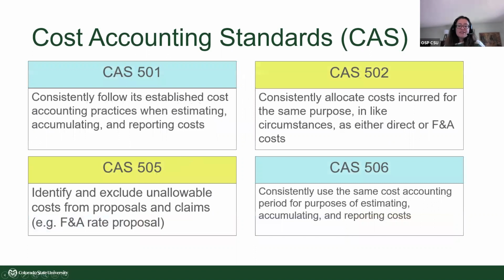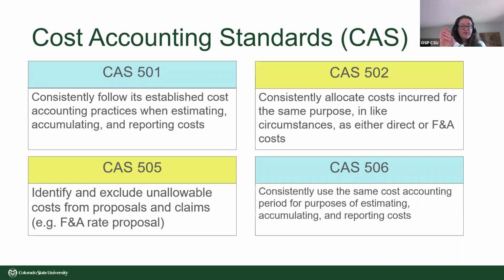Okay, so cost accounting standards. Again, for any of our grants, cooperative agreements, and contracts, we have to follow these standards. 501 is consistently following our accounting practices for estimating our costs, so for budgeting, for accumulating our costs, and for reporting our costs.